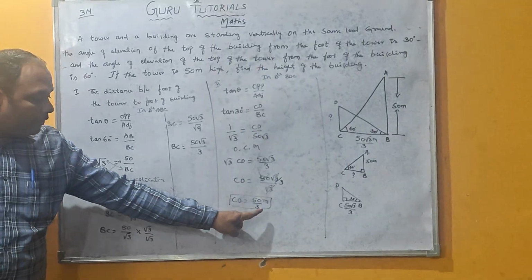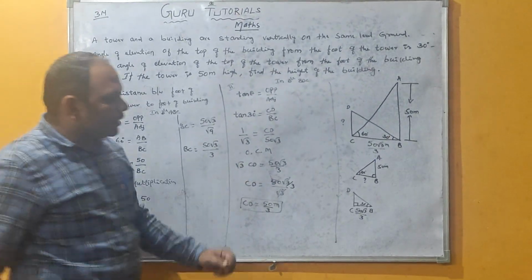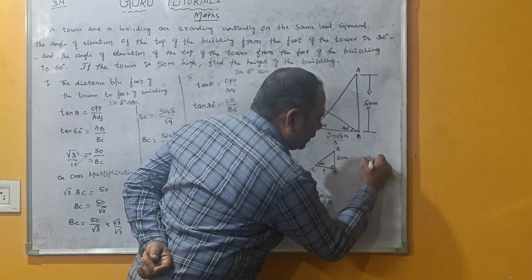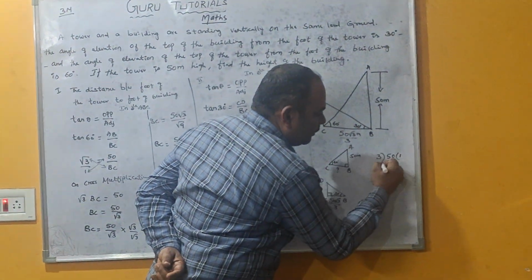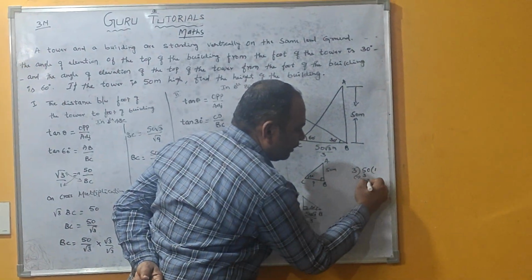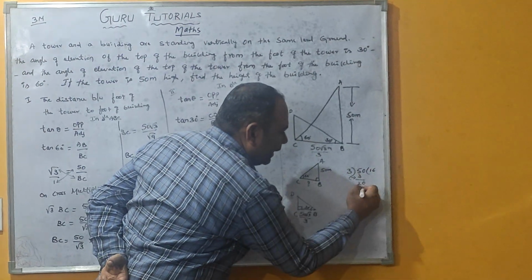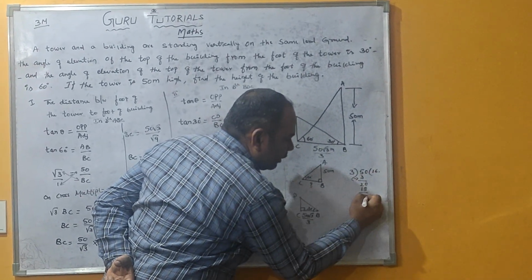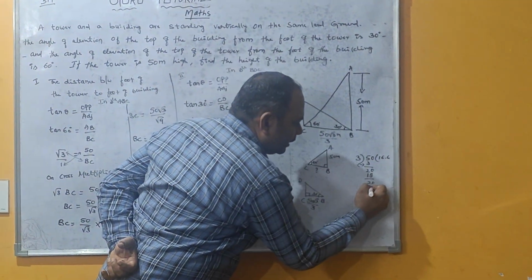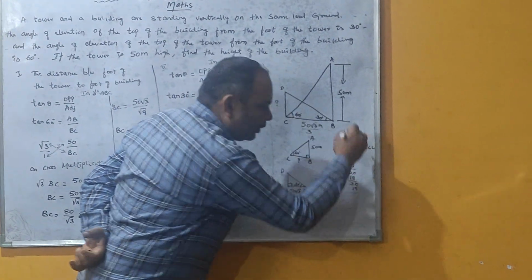It means I have to divide 50 by 3. 3 ones are 3, subtract, 2 remains, step down 0, it becomes 20. 3 sixes are 18, 2 remains, take a point, take 10. 3 sixes are 18, 2 remains, take 10. 3 sixes are 18, it goes on.